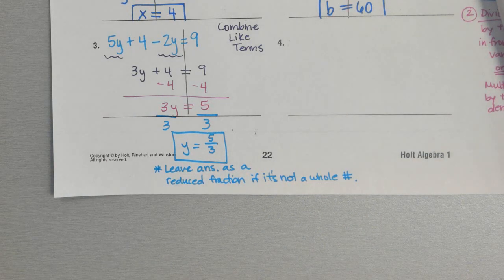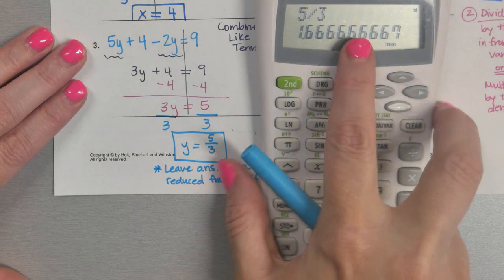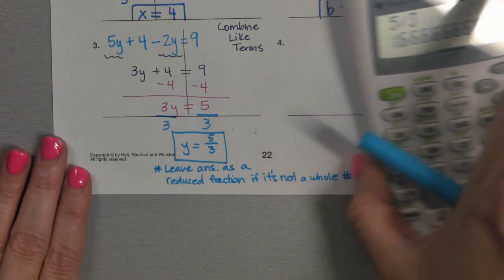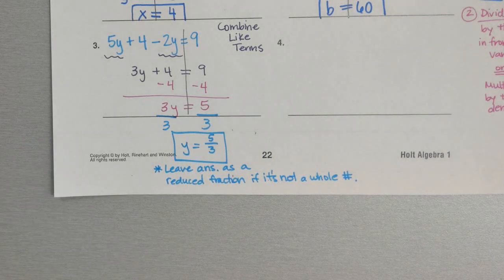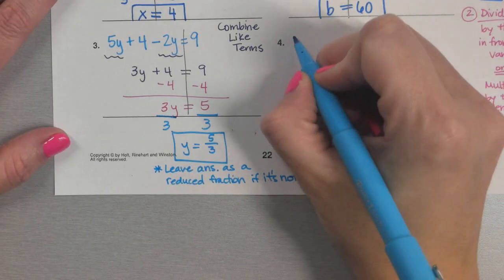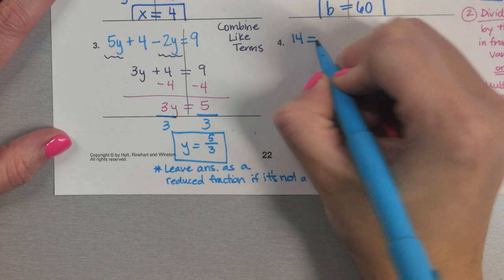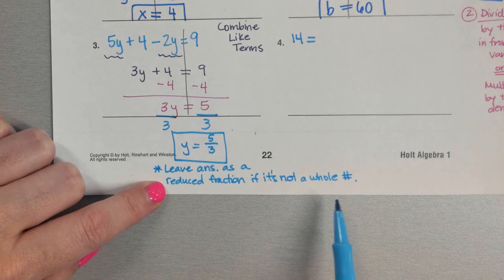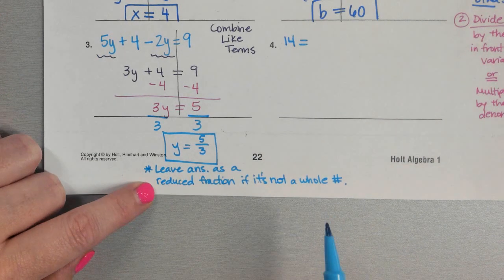Now you might have some on your practice where they give you decimals. If they give you a decimal, then the decimals are going to be nice, not long like this one. Okay, this is the preferred way to write it. As you go through high school math classes, you'll see that that's going to be the most common way to write it, if it's not a whole number.